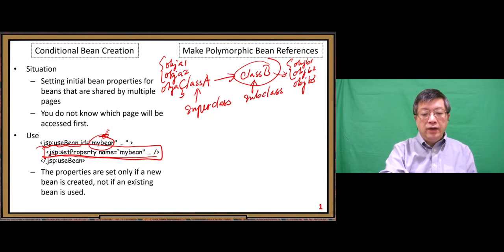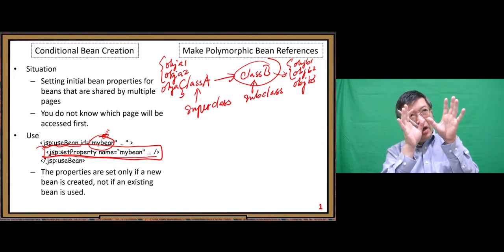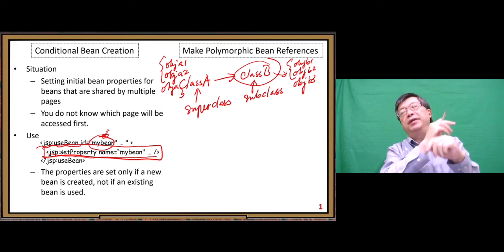Another sequence of objects from class A directly.